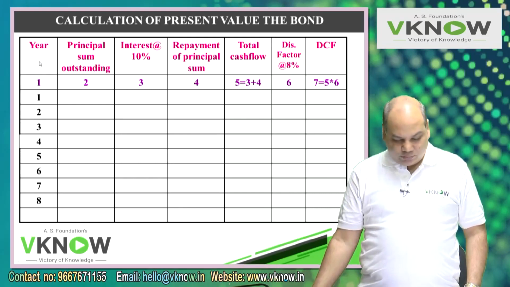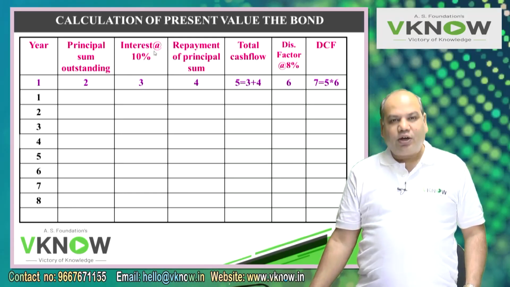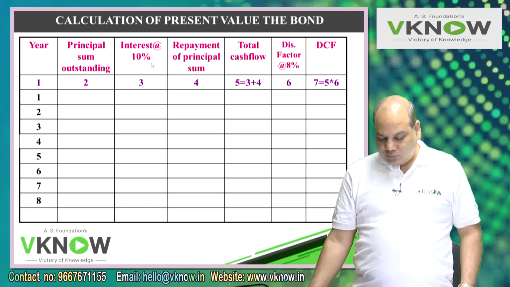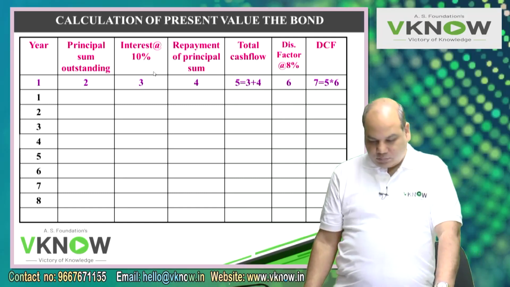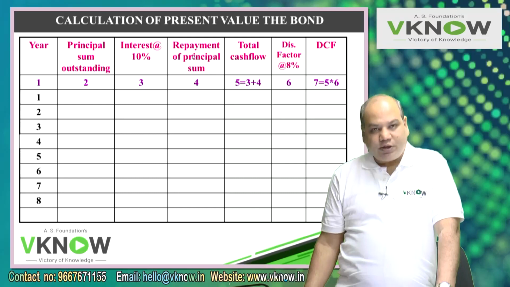Write down year, next write principal sum outstanding, then write interest at the rate of 10%, then repayment of principal sum, total cash flow, total cash flow means interest plus repayment, discounting factor at 8%, and the last column, discounted cash flow. This is an example on self-amortizing bond.